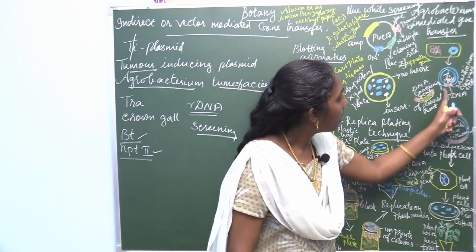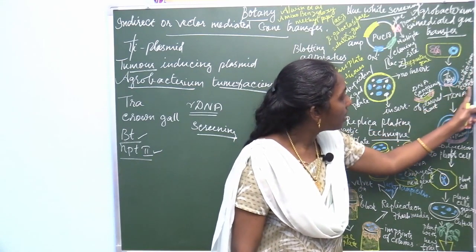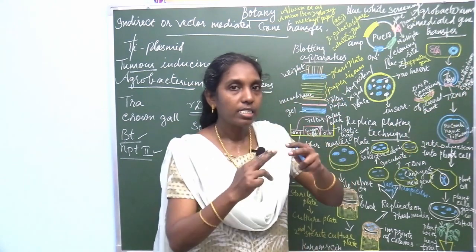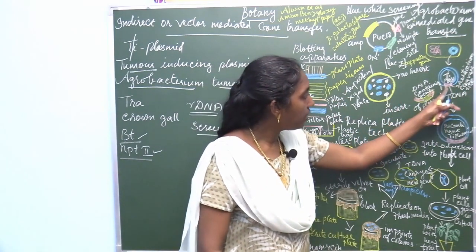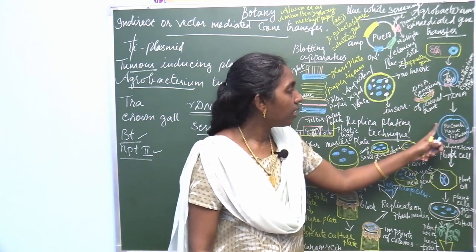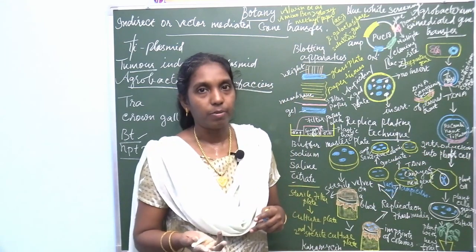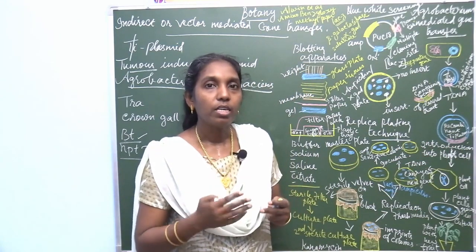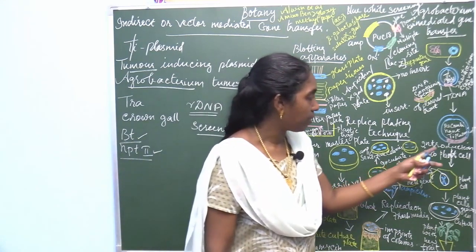This is the part of T-DNA, and this restriction cleavage site cuts open the plasmid and inserts this desirable trait. As a result, it produces a recombinant Ti plasmid, an rTi plasmid.